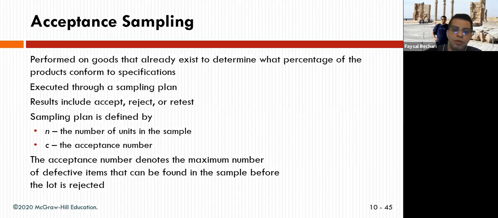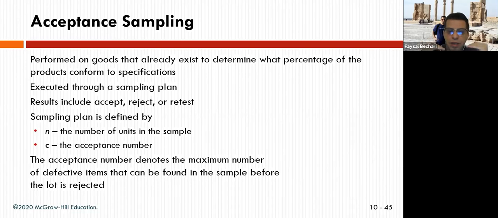If I pick 100 of them, start testing them, and find only 5 defective, this could be the benchmark for me. Anything more than that, I will reject the whole 10,000, to make sure it gets retested and brought to 5 or less.